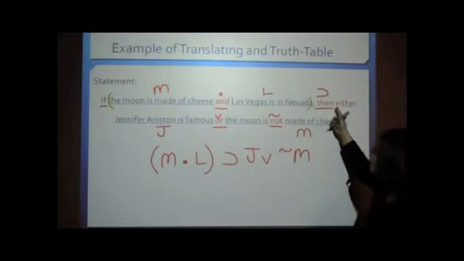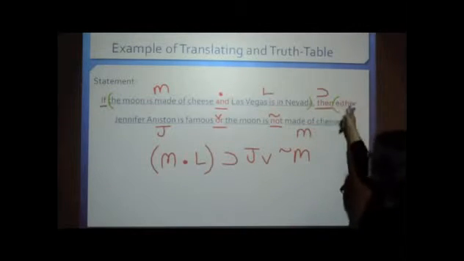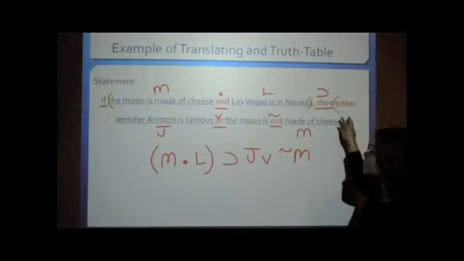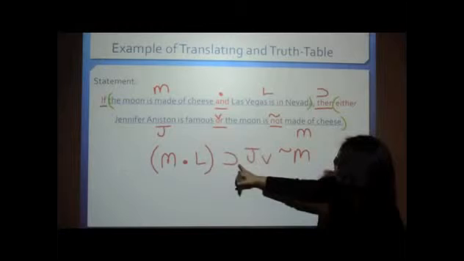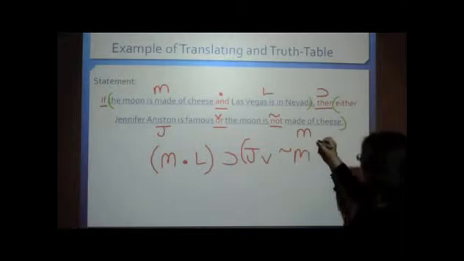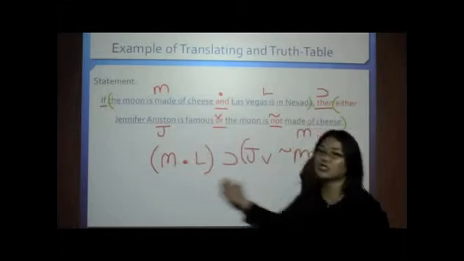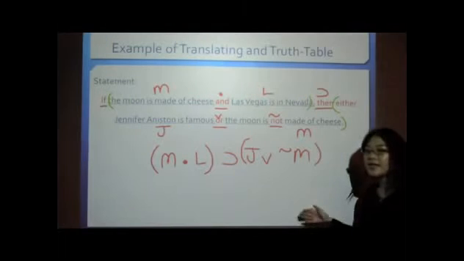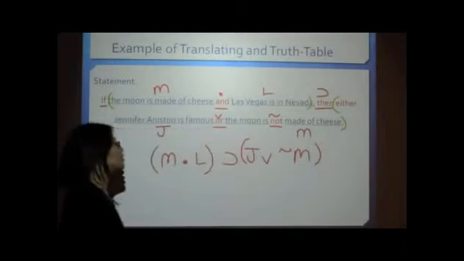And whatever comes after the then, including the either, all the way up to here, makes up the entire consequent of the conditional statement, ending after the M. Okay, so here now we have a well-formed formula.